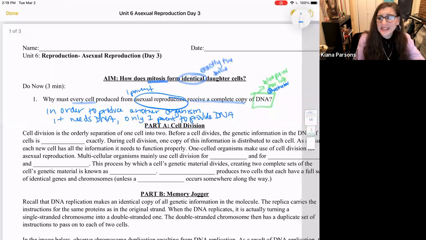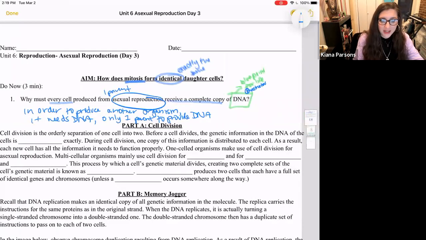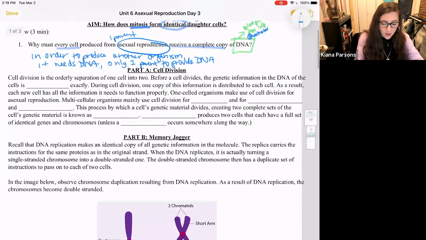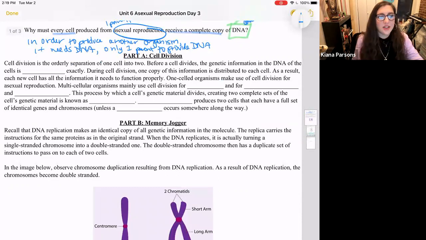So how exactly does that replication happen? Well, we'll talk more about that in today's handout and also in Unit 7 when we talk more about DNA replication and genetics.